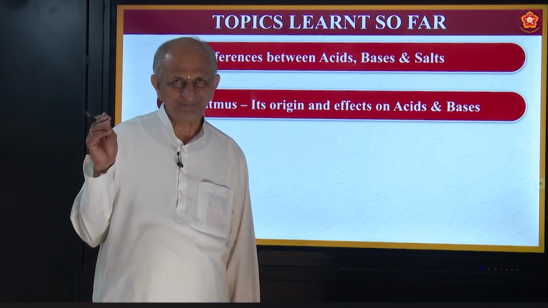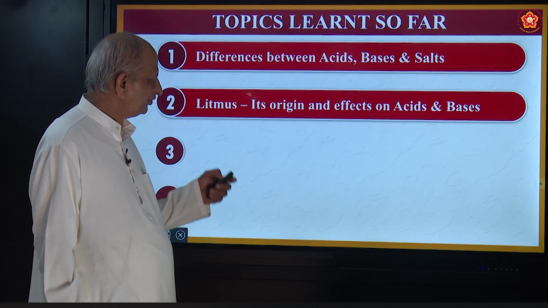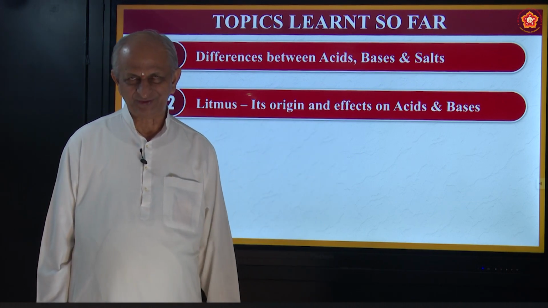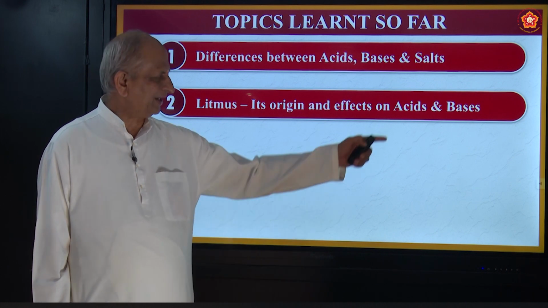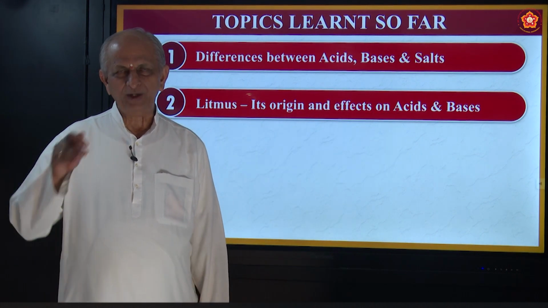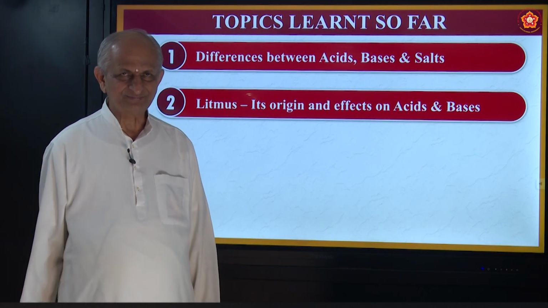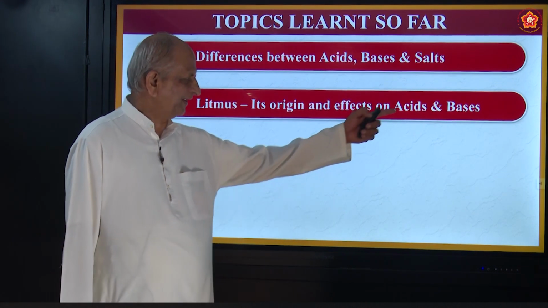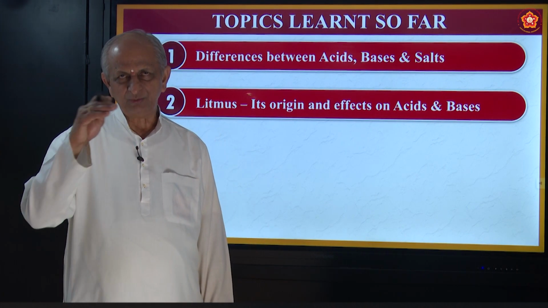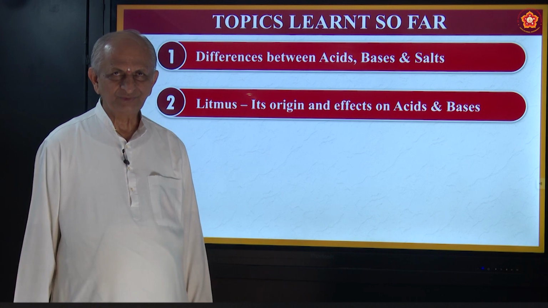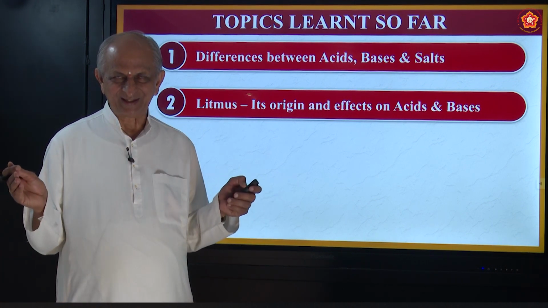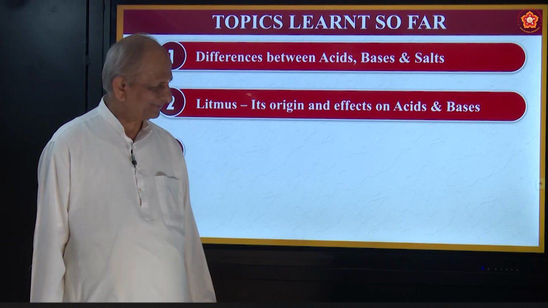What does it do? It shows different colors for different solutions. For example, for acids, the blue litmus turns into red. For bases, red litmus turns into blue. What about salts? They do not change the color, correct?